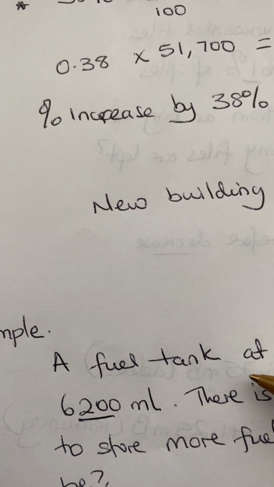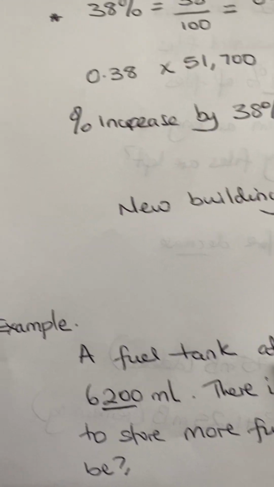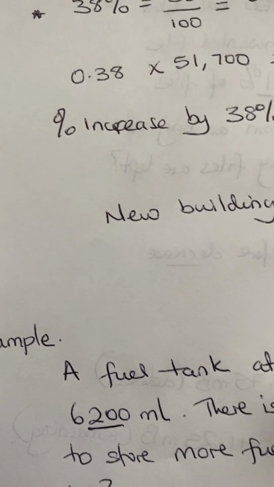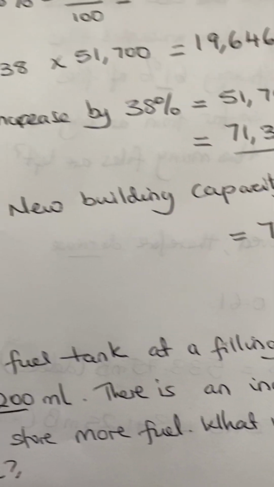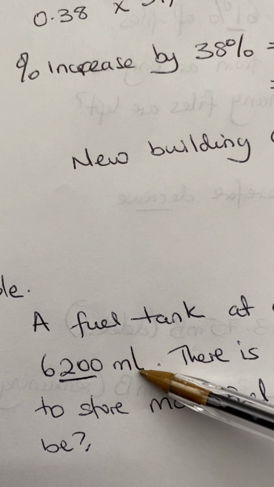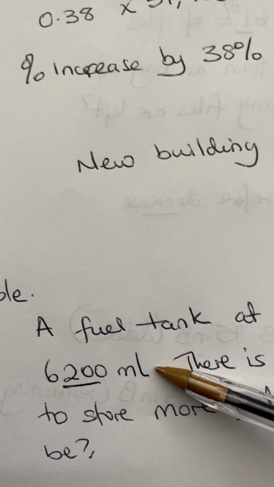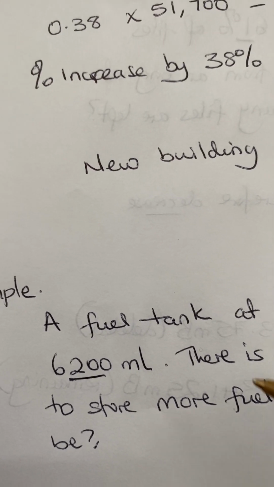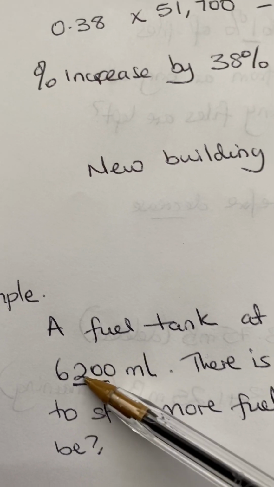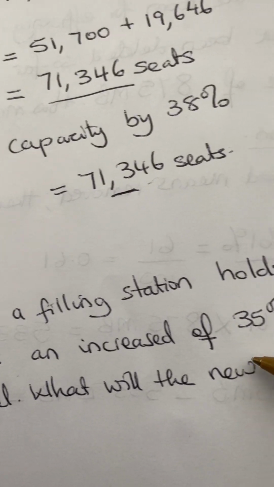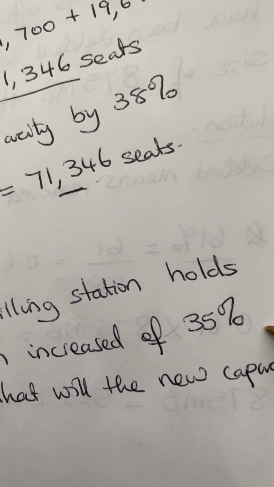Now we go to the filling station. Example 2. A fuel tank at a filling station holds 6,200 milliliters of maybe fuel. We don't know what it holds, but it says this is the capacity. Now there is an increased capacity of 35%.